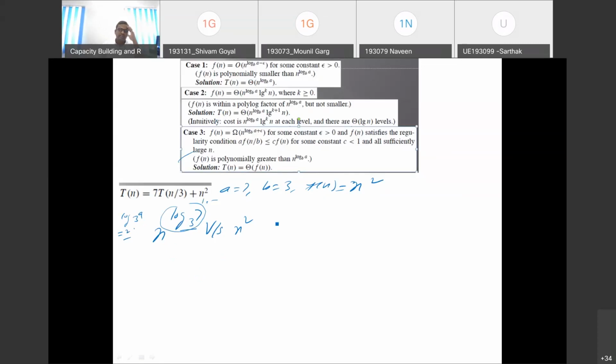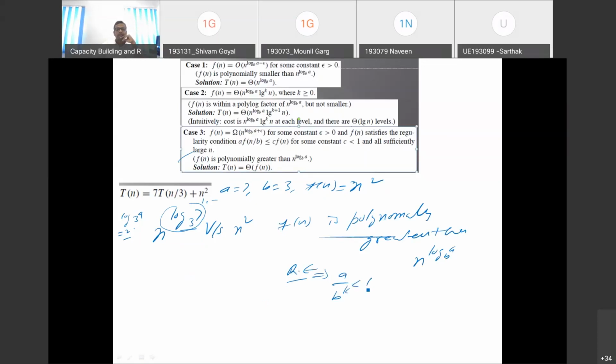Okay, so we can say that f of n is polynomially greater than n raised to the power log a base b. Along with this, the regularity condition should also hold. For the regularity condition, a upon b raised to the power k should be less than 1.